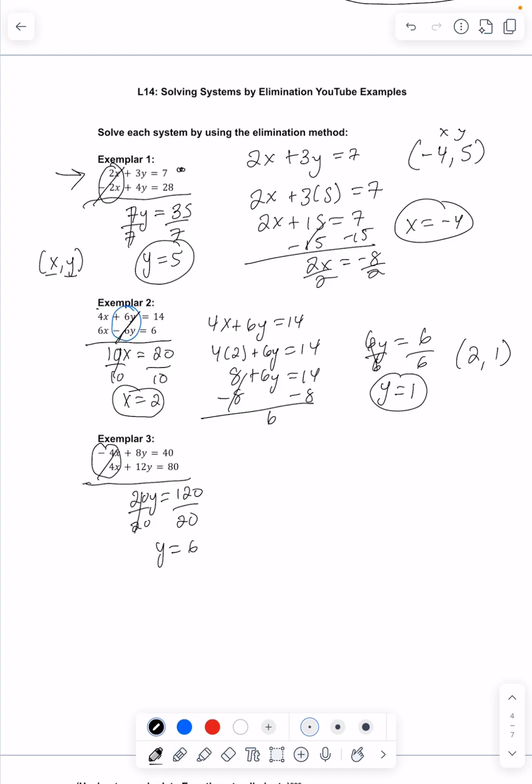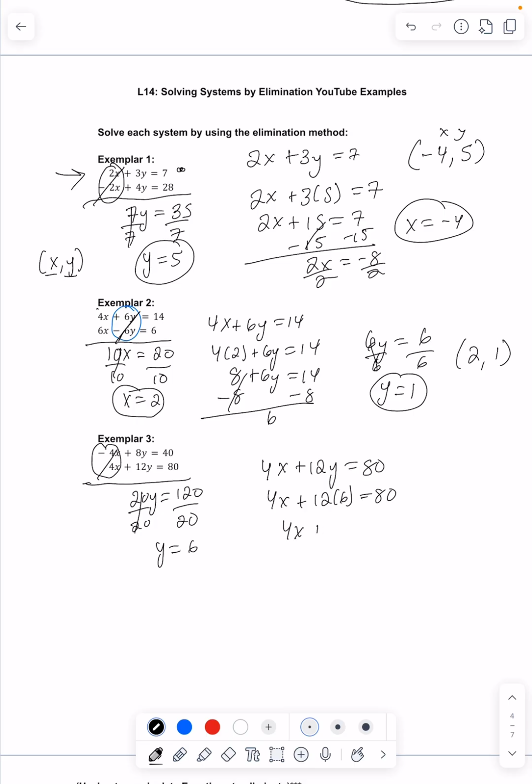So substitute it into one of the equations. I'm going to use the bottom one. So 4x plus 12y is equal to 80. So 4x plus 12 times 6 is equal to 80, right? So in this case, we have to multiply.